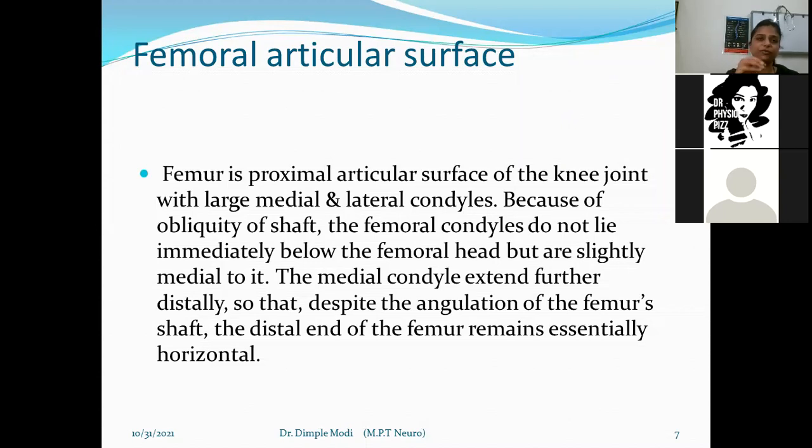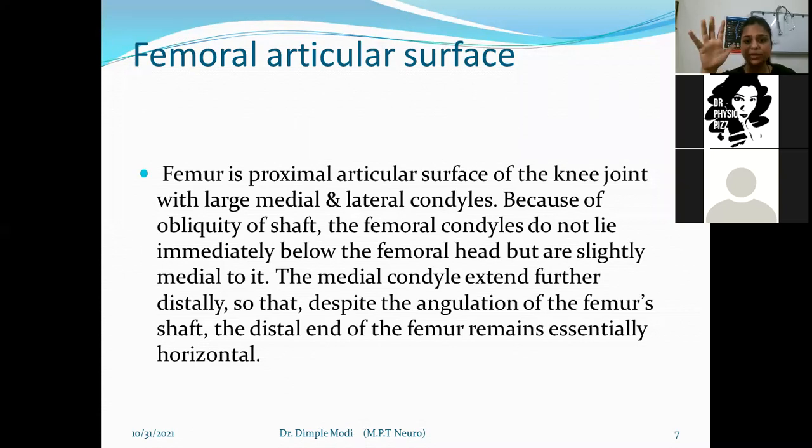When we see the X-rays, by imaging we see that the medial condyle extends a little bit distally, and the lateral femoral condyle is shifted a little bit anteriorly with respect to the medial femoral condyle. The articular surface of the lateral femoral condyle is shorter as compared to the articular surface of the medial condyle.